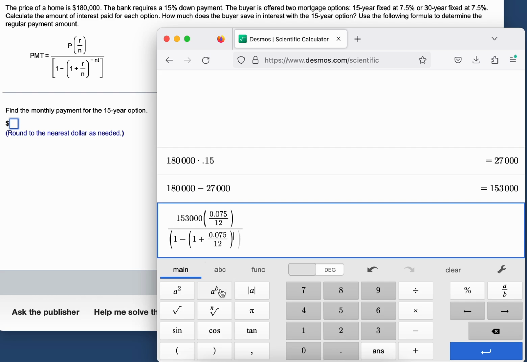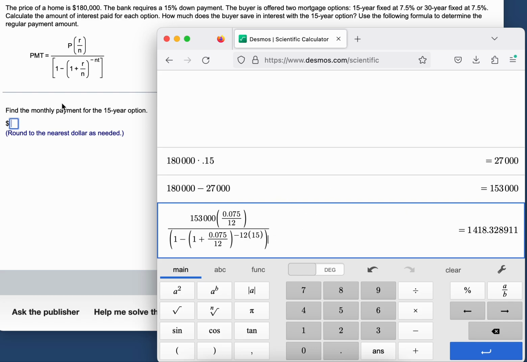And the exponent is negative, N is 12, and T in this first part is equal to 15. So that's negative 12. I'll open up a parenthesis for multiplication and put in 15, close the parenthesis, click over, and close the final parentheses here. So here it is.